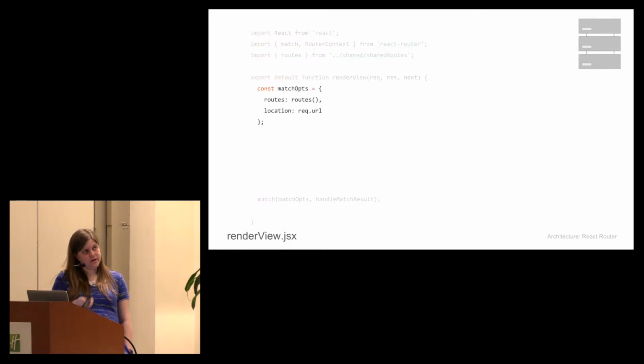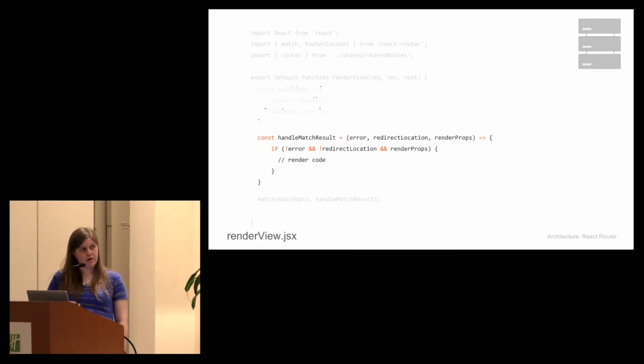So we just take our routes, pass it in, take the location off of the request object, and then inside of our callback, we're going to make sure there's no error, make sure there's not a redirect, and then if there is actually a route match, then we'll do some code rendering. We'll get to that in a minute.